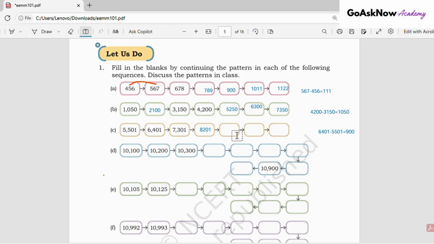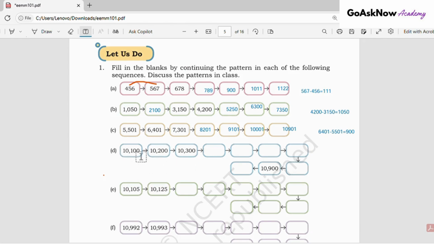Okay. 8,201 plus 900 is equal to 9,101. Then 9,101 plus 900 is equal to 10,001. Then 10,001 plus 900 is equal to 10,901. These are the answers for part C.